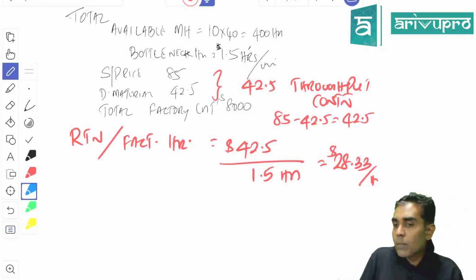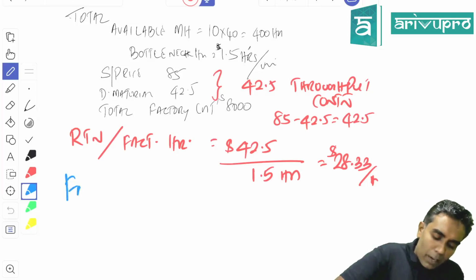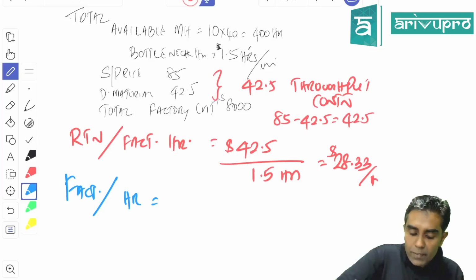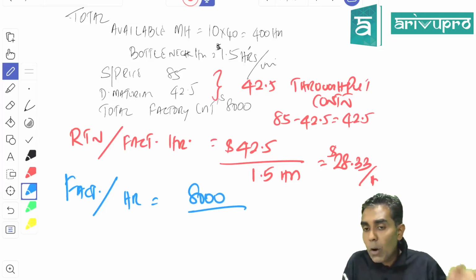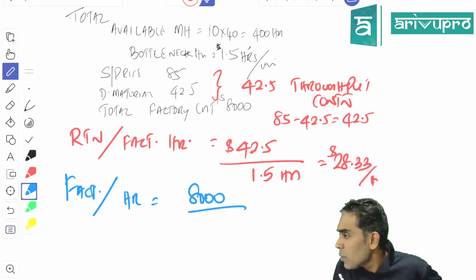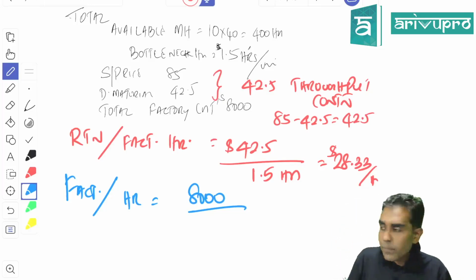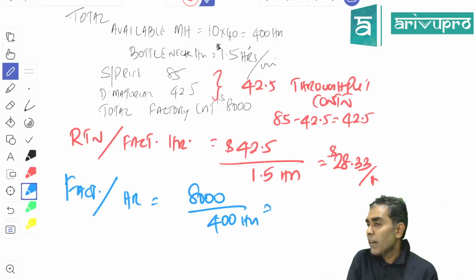Second part of the requirement is factory cost per hour. Factory cost per hour equals total factory cost, which is given as 8,000, divided by total bottleneck resources. We found the total bottleneck resources: 400 hours. Am I correct? Some students in the exam try to put 40 hours.